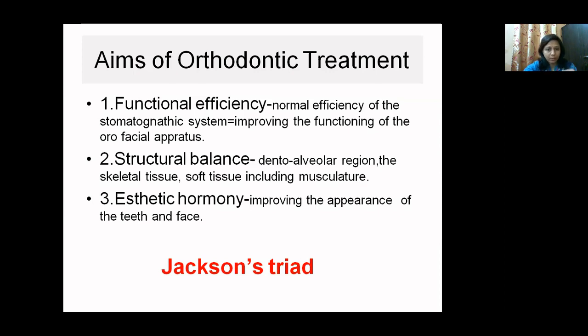Why aesthetic harmony in this triad? Because most individuals seek orthodontic treatment to improve the appearance of the smile and the face. The orthodontic treatment should increase the overall aesthetic appeal of the individual. Thus, orthodontic treatment aims at improving the aesthetics of the individual as a whole.